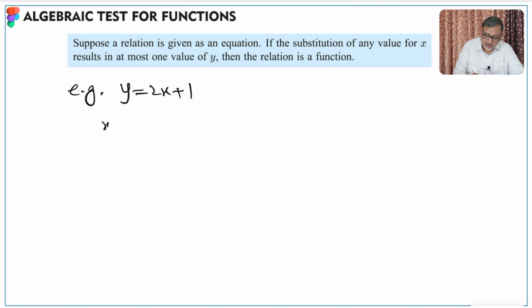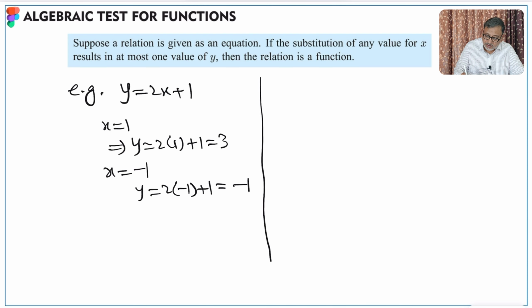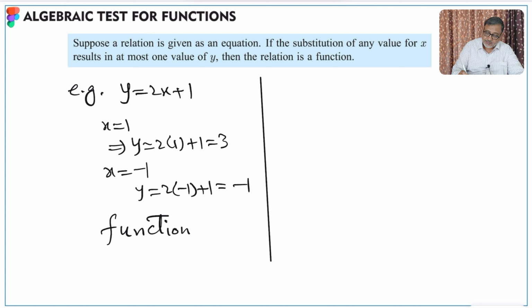So look here, x is equal to 1. What will be the answer of y? Y is 2 into 1 plus 1, so 3. Or x is equal to minus 1, suppose I take. So y will be 2 into minus 1 plus 1, so minus 1. So both the relations are unique. So this is a function. This is the algebraic test of a function.